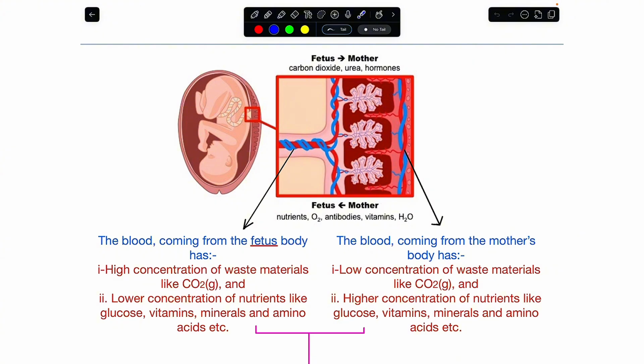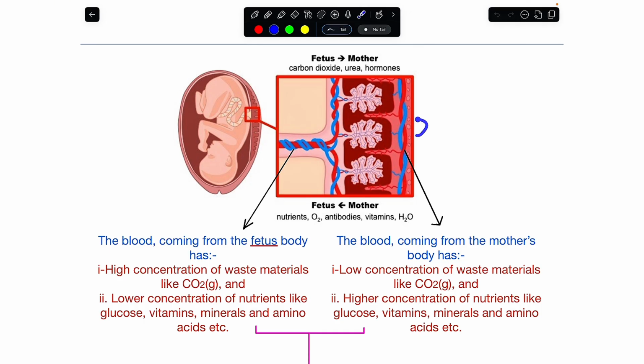So the idea is that the deoxygenated blood would be going into these structures, which are referred to as chorionic villi. This chorionic villus has immense blood capillaries, and these capillaries contain the deoxygenated blood from the fetus.